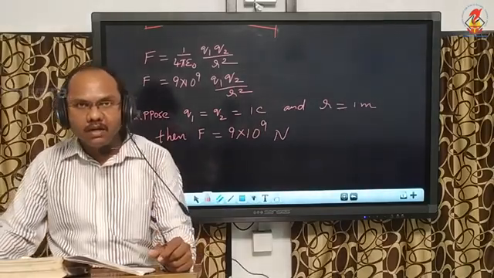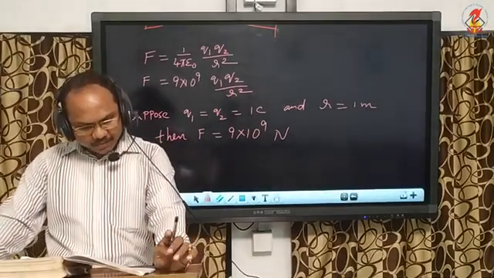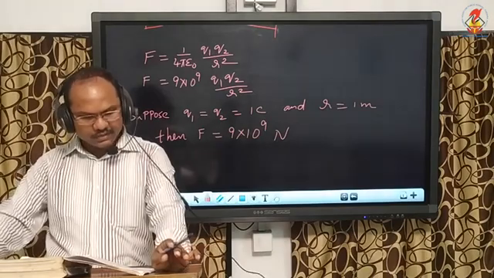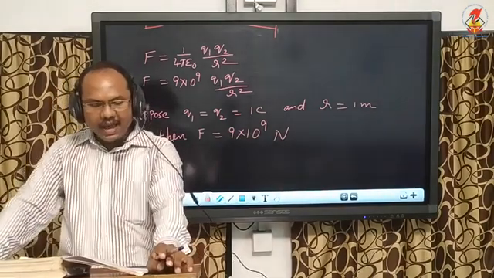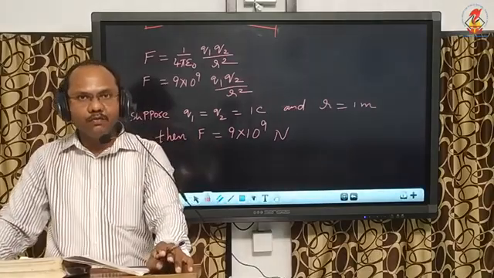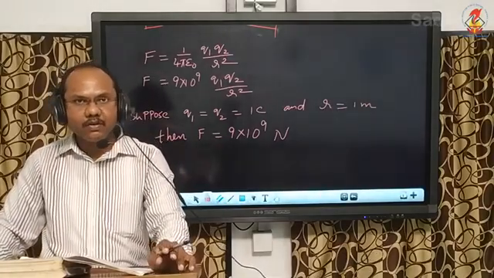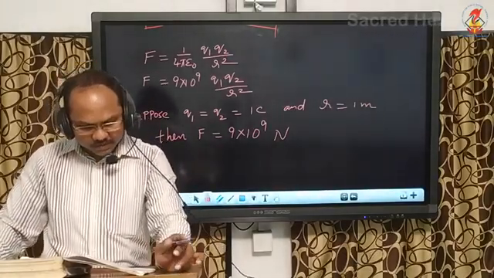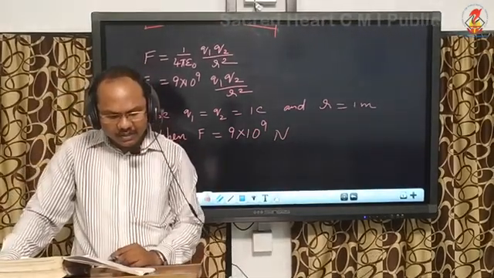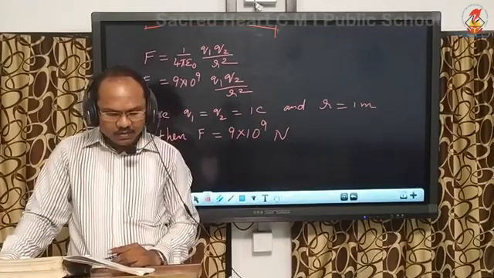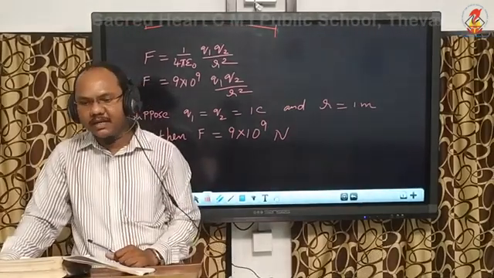I repeat, 1 Coulomb is that amount of charge that repels an equal and similar charge with a force of 9 into 10 raised to 9 Newton when placed in vacuum at a distance of 1 meter from it.